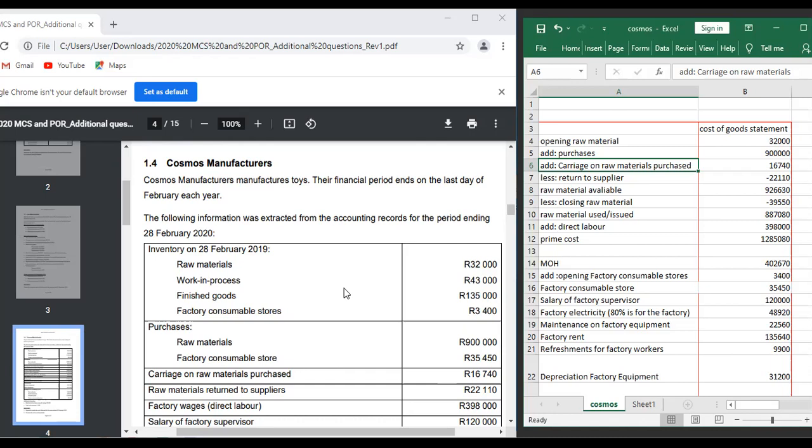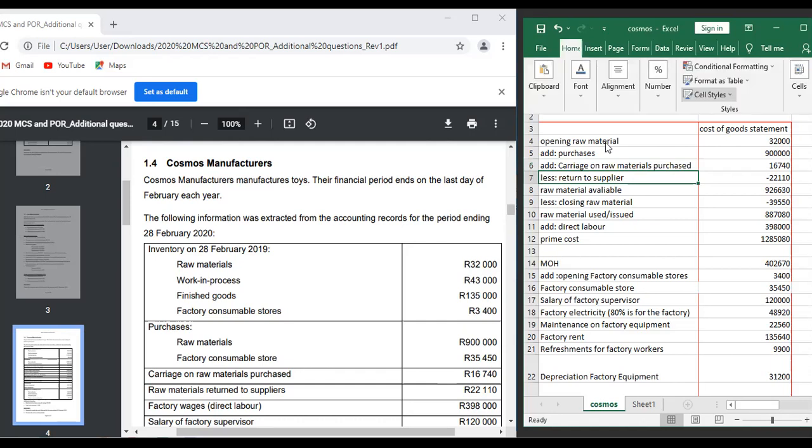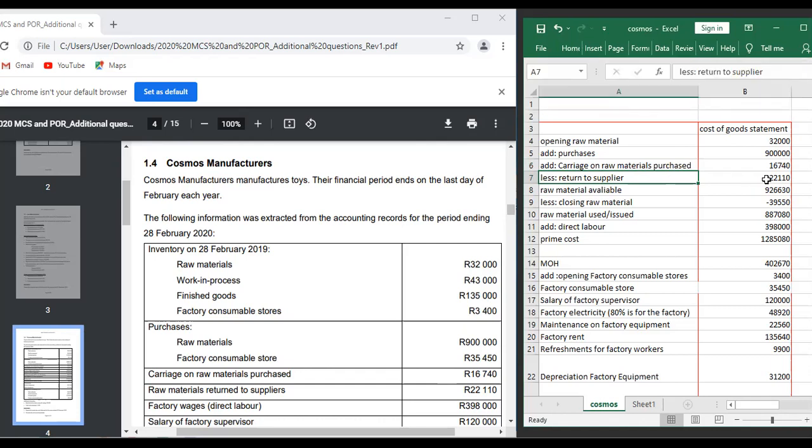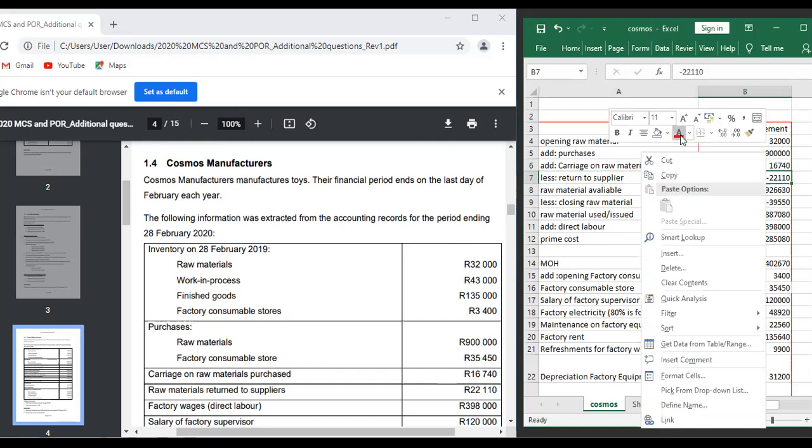And then during that year, we also returned goods to the supplier. We returned the goods costing 22,110. This one, you have to less it.